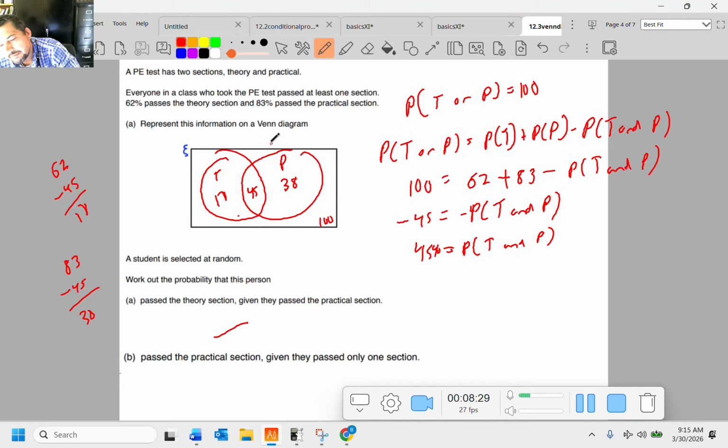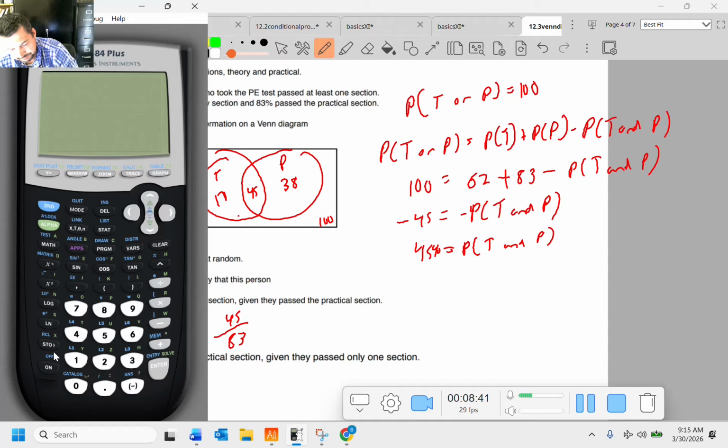So practical had an 83% pass rate, 45% pass theory, 45 out of 83. If you like your decimals, which some of you do, it's about 54.22%.